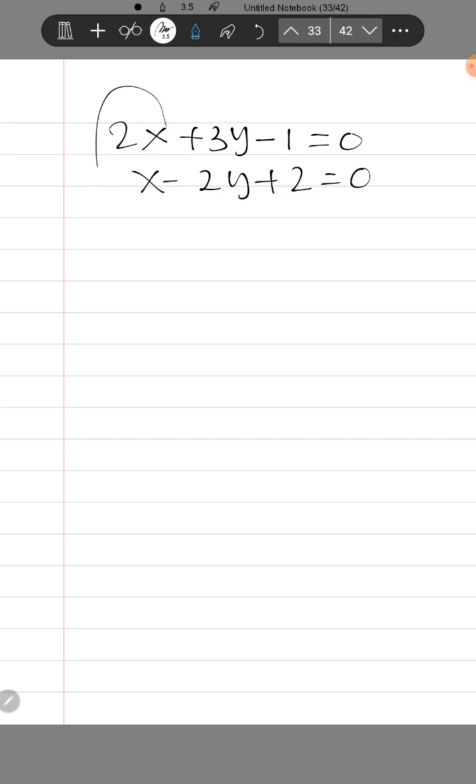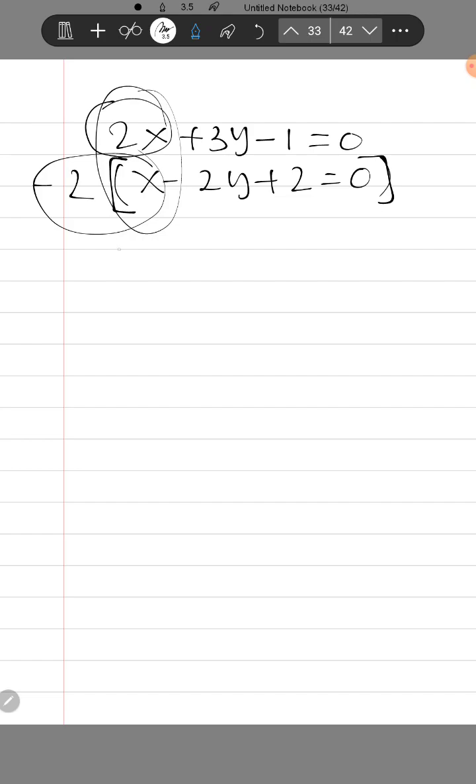Here it's easy to multiply the second equation by minus 2 so that the 2x will be added with minus 2x to be eliminated. The variable x will be removed by that. So how do I multiply the whole equation by minus 2?